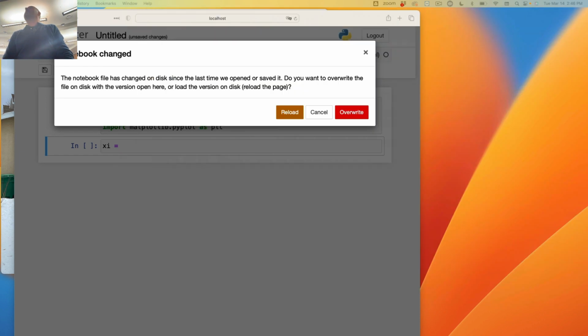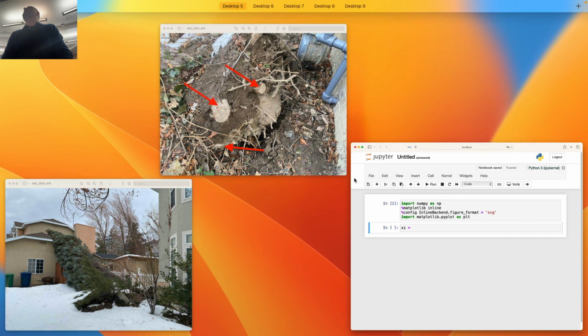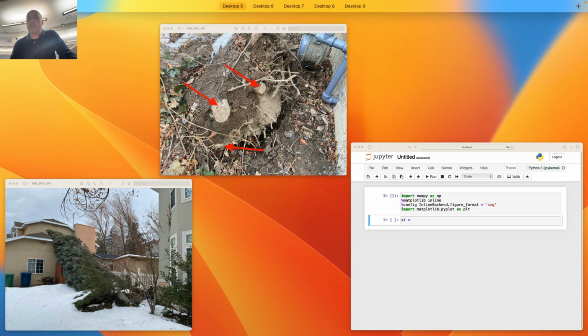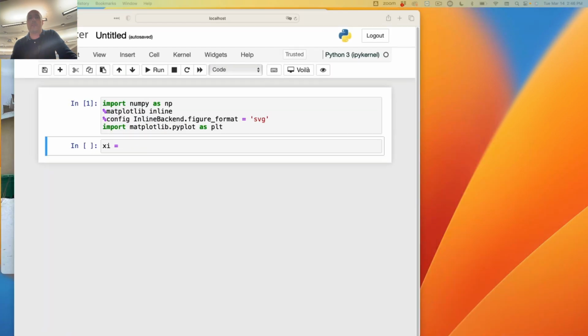Move to pressed on. Whoops. Overwrite. Okay, where is Keynote never likes to show up exactly where it's supposed to. Okay. All right, let's see.